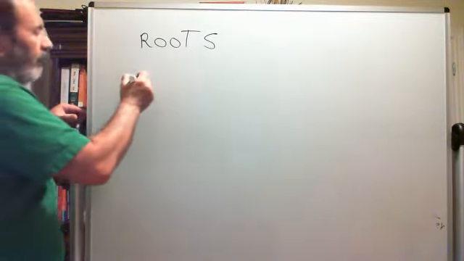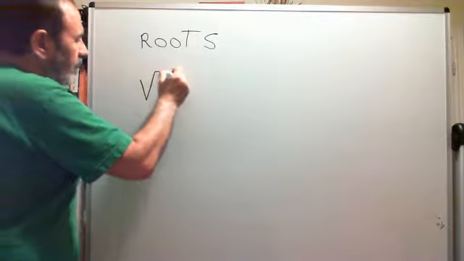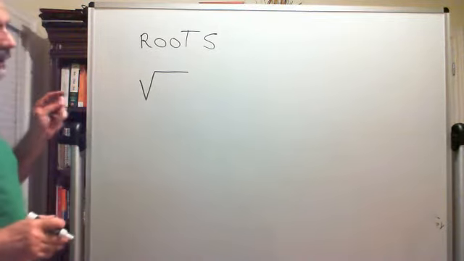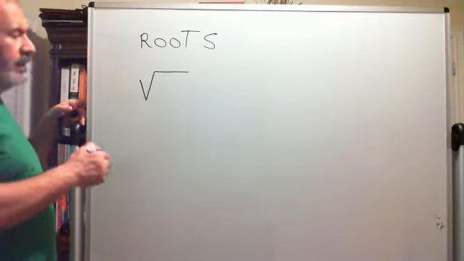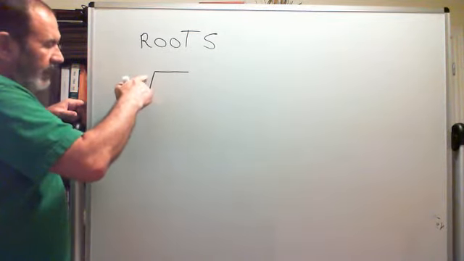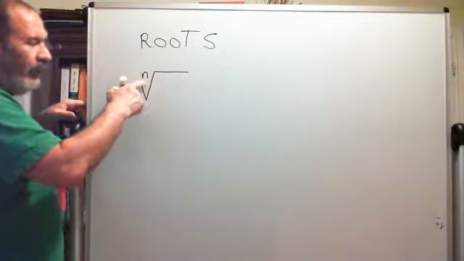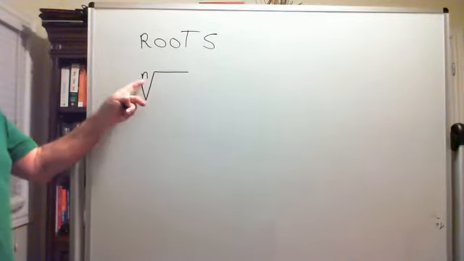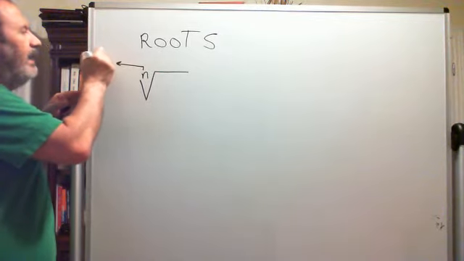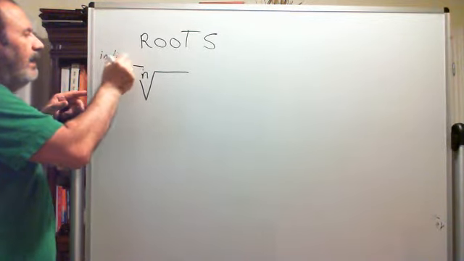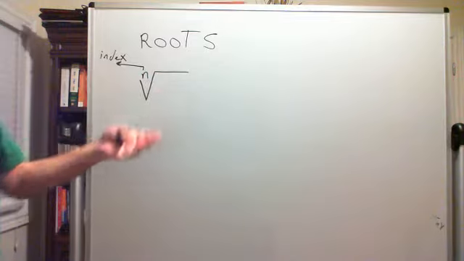As an example, we use this sign, which we call the radical, to show roots. And there is a number here, which we call the index. This name is index, and this sign is radical.